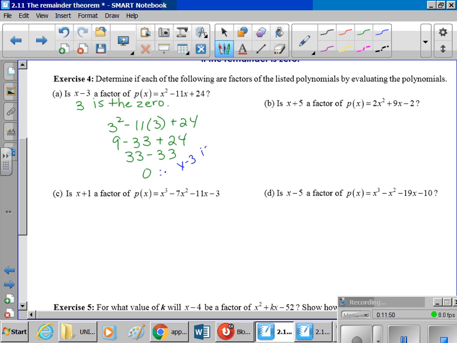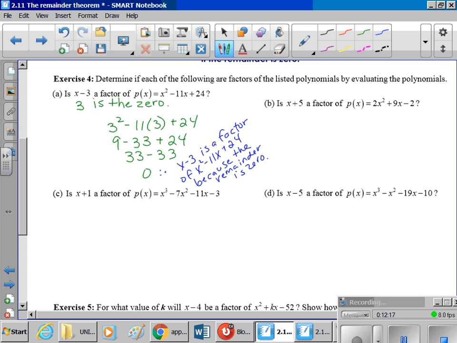Therefore, x minus 3 is a factor of x squared minus 11x plus 24. And you can even put a little explanation in there because the remainder is 0. Or the evaluation is 0, depending on which way you determine this.